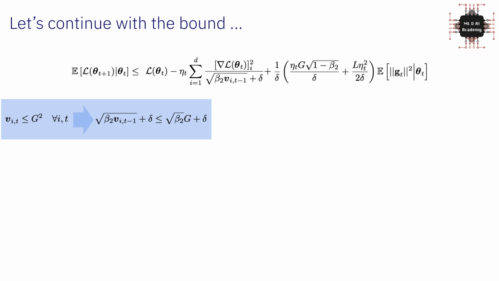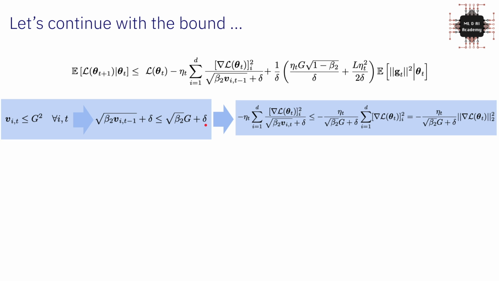So, not to make additional assumptions in order to bound this denominator here, can we somehow use the update rule to do this bound? Well, yes. What we can say is that v_it is less than G squared for every i and t, and that would say that square root of beta 2 v_it minus 1 plus delta is less than square root of beta 2 G plus delta.